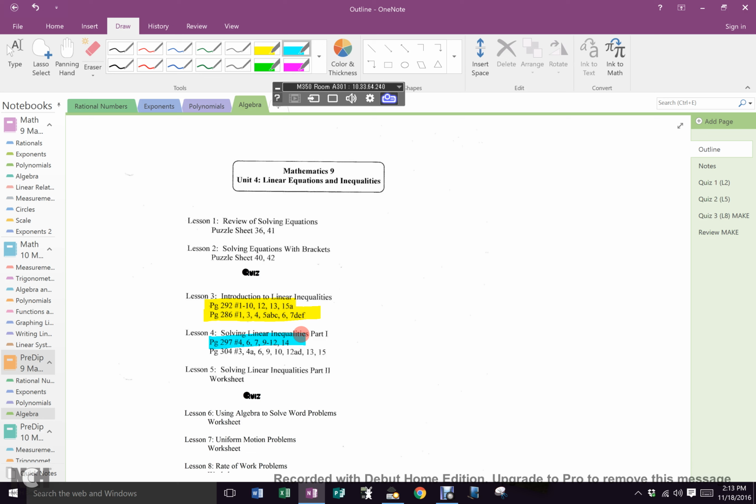It starts on 298. And I only want you to do 298. Just the first one. Mr. Morris, when you do multiplication, you have to flip the sign? Not necessarily. When you're doing negatives, you have to flip the sign. Same questions, but you don't have to do 304. Just 297.